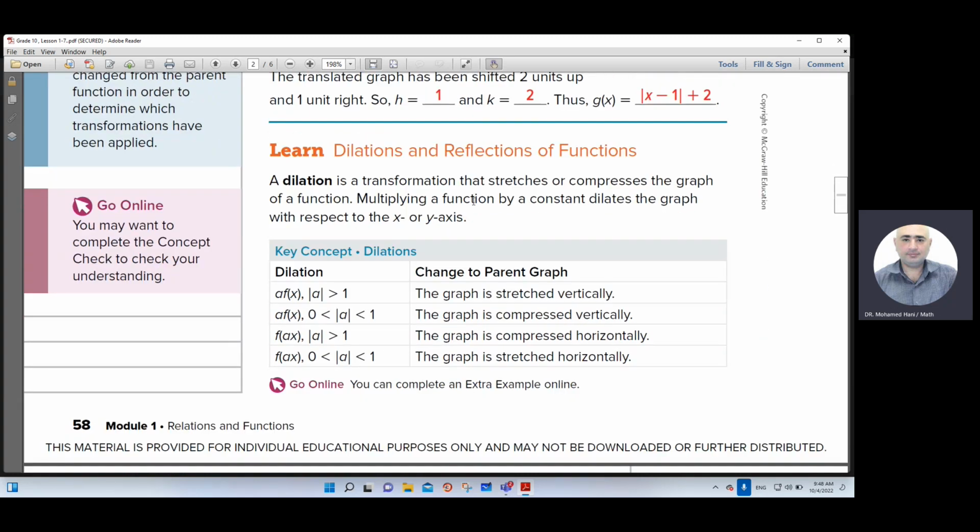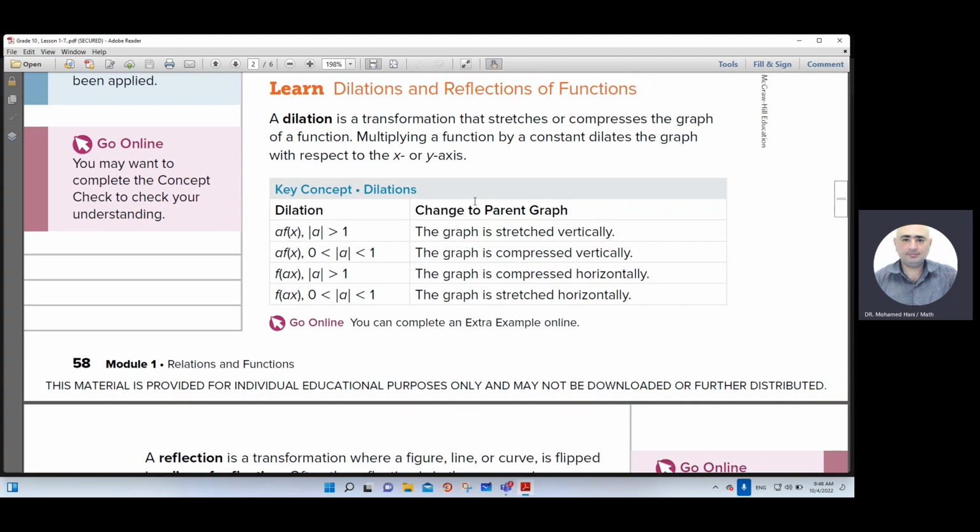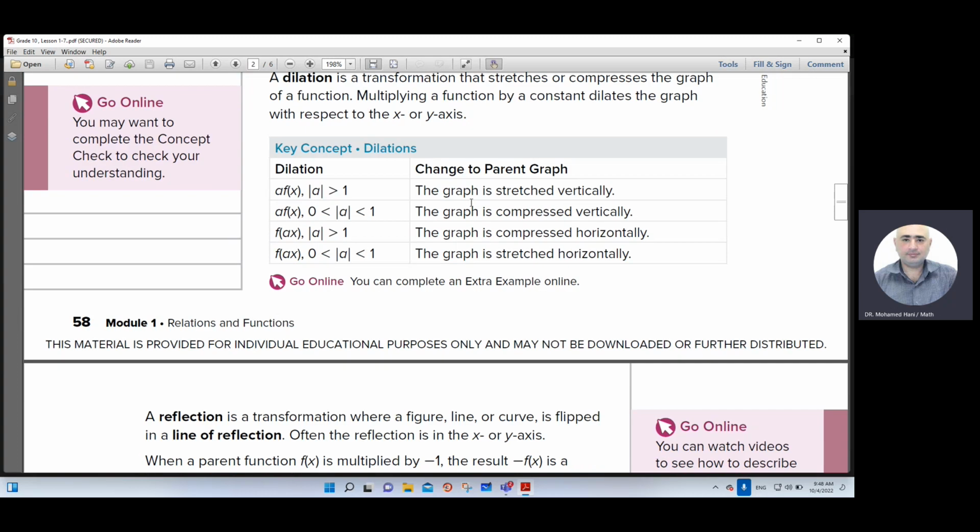Then we learned the dilations and reflections of functions, and we defined the dilation, and we talked about some important rules for dilation. The symbol of the dilation is a, and the function is a times f(x), or f(ax). When you have this function a f(x), if the value of a is greater than 1, we have a stretch.